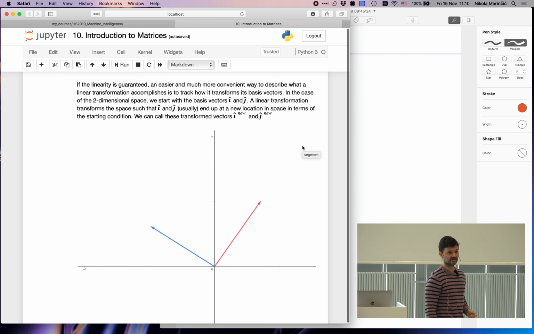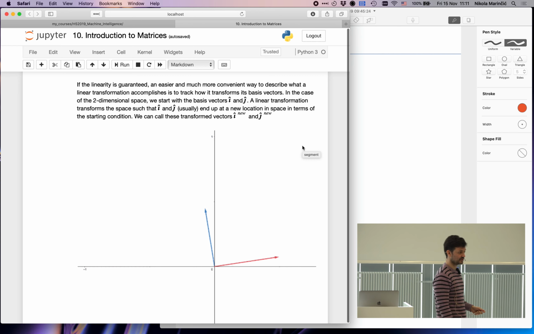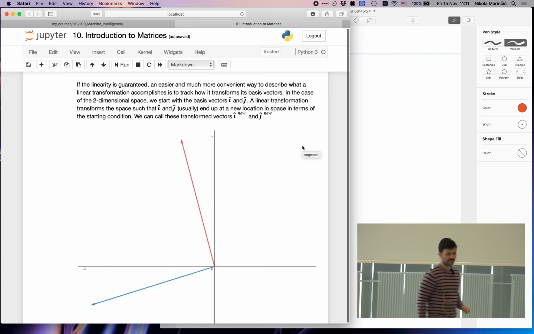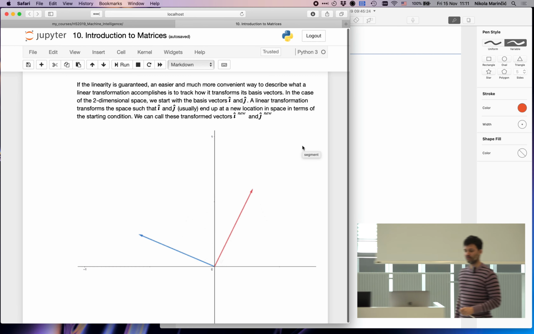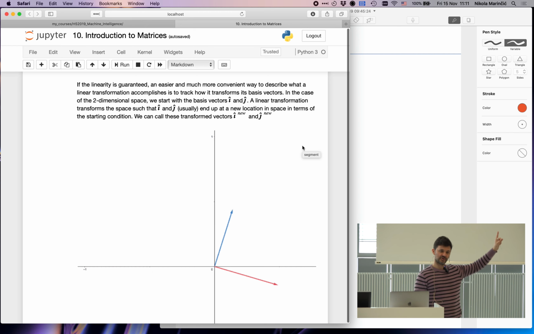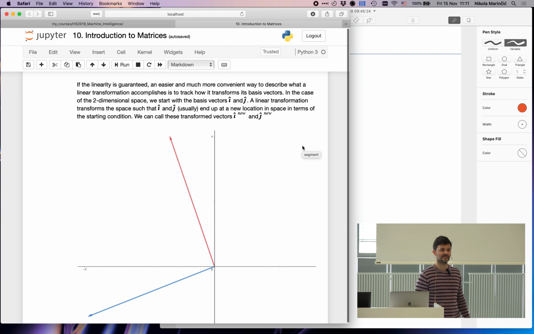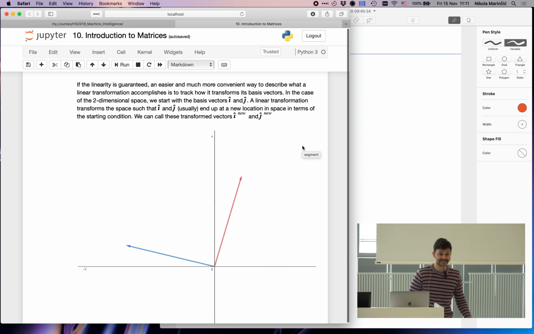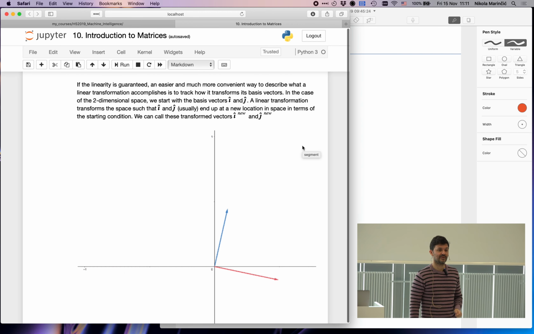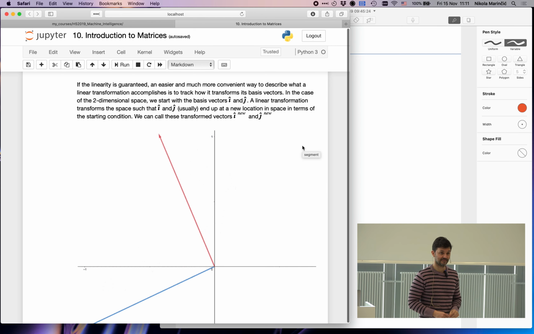Or if it's a three-dimensional space, 3 basis vectors. Or if it's a 100-dimensional space, 100 basis vectors. But the nice thing is that you only need to keep track of where they land, and then you need to capture where they land in terms of coordinates and put these coordinates in a matrix. And that's it. That's enough to describe the transformation of space fully.